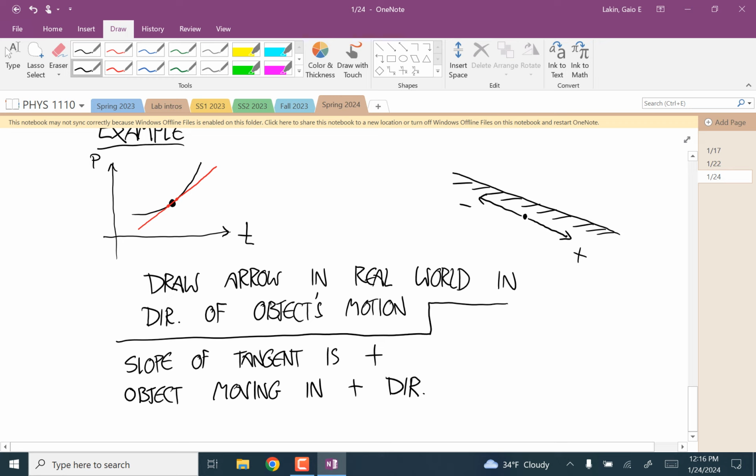And now we can go to the real world. We know that it's moving in the positive direction. Now we need to also know in the real world which way we're calling positive and which one we're calling negative. I said that we're calling positive down the ramp. And so we know that at this instant, the object is moving this direction. Okay? Any questions about that?